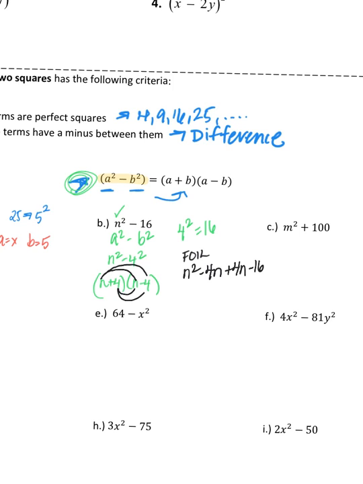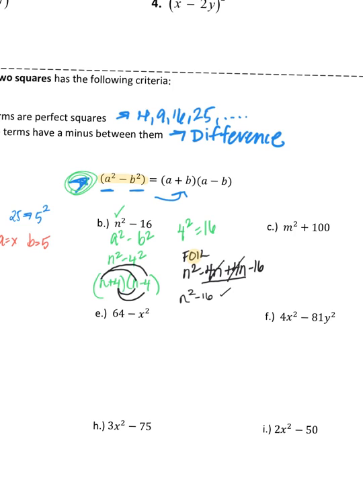When we FOIL or distribute and we're checking, we're combining like terms right here. But what happens when you have a negative 4n plus 4n? They cancel. So now you have just that n squared minus 16, which is what we had originally. So that's why this is working, because that outer and inner right here are a positive and negative of the same value, so they end up canceling out.